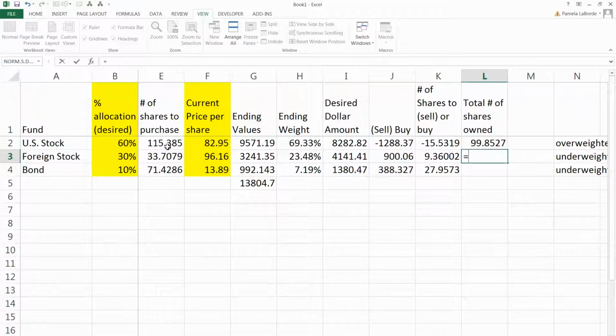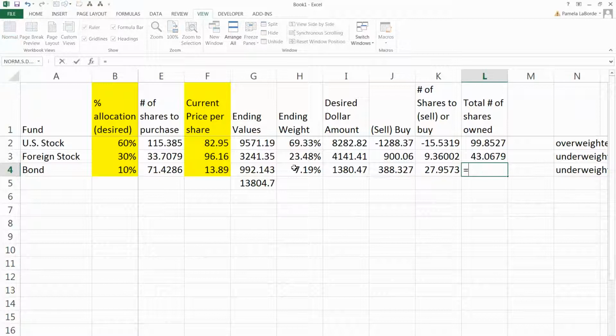For the foreign stock fund, I originally owned or purchased 34-ish shares. I was underweighted on it by the end of the time period, so I needed to buy some more. I need to buy 9.36 more shares, so add those three numbers together. I now own 43 shares of the foreign stock fund.